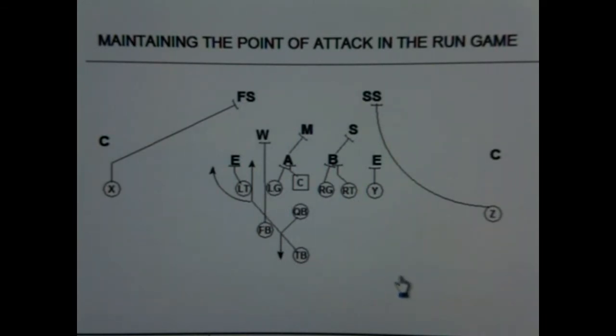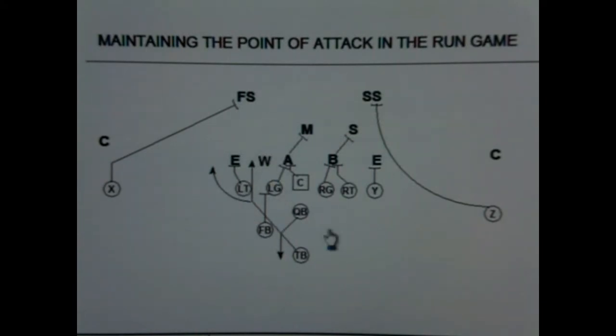Okay? That's what we were going to do. But if we got an instance where we got a walk-up backer or somebody occupied the B gap, then we were going to make a change. And we were going to make that change our lead play. And here it's 23 lead. Over here would be 24 lead.